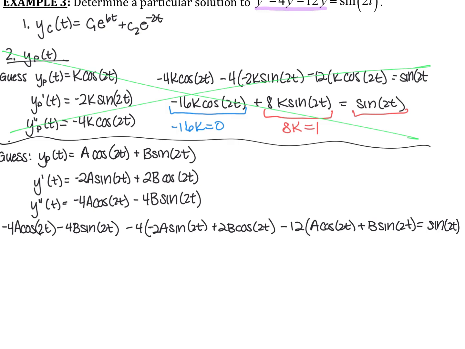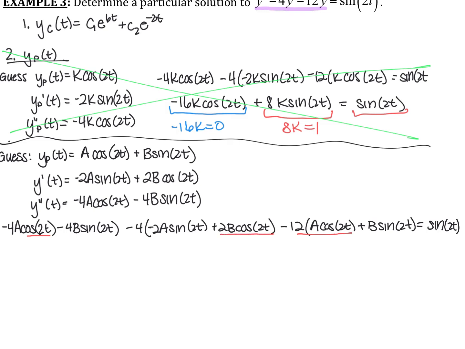Okay. Combining like terms. If we look at our like terms here, I have an a cosine 2t, an a cosine 2t, and I have a b cosine 2t also. Actually, let's keep that together.